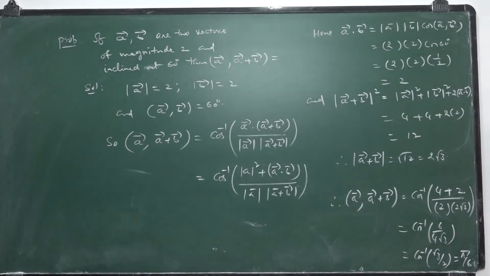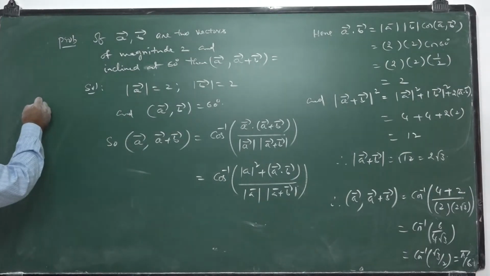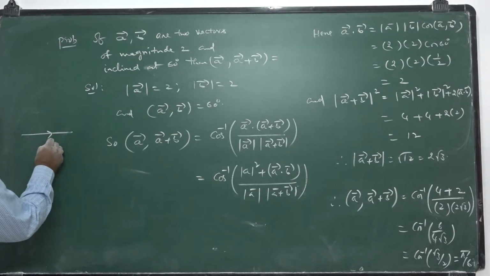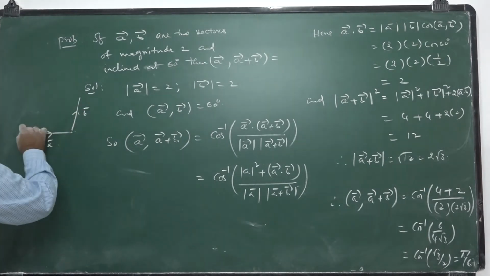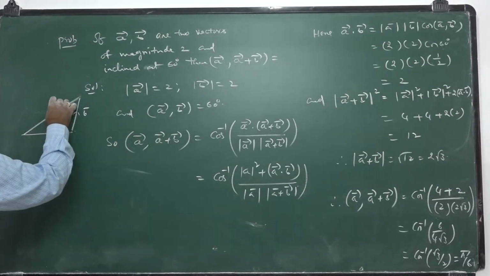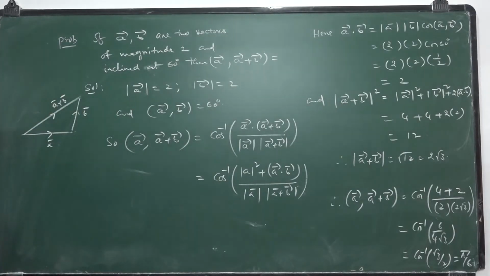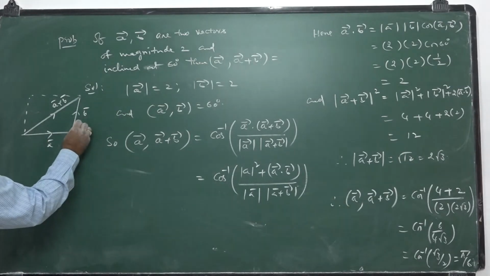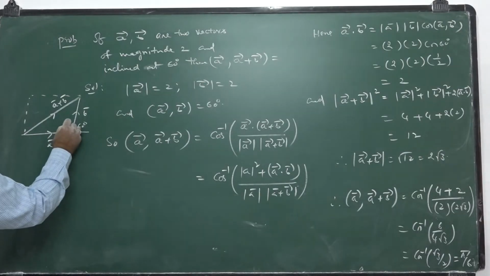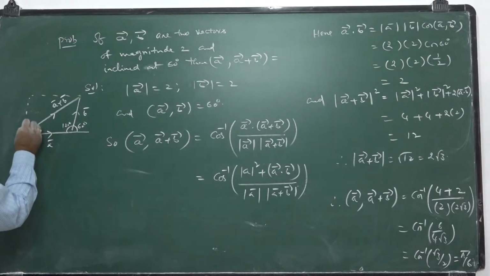Otherwise, geometrically, you can straight away do it like this. Let us suppose A bar is this and B bar is this. A bar plus B bar is this. Once you take the parallelogram here, the angle between A bar and B bar is 60. This is 60, hence this is 120. Hence this total is 60.